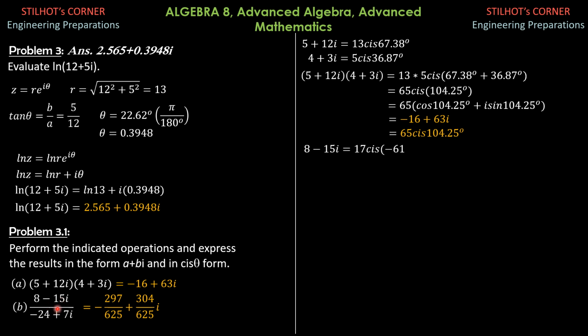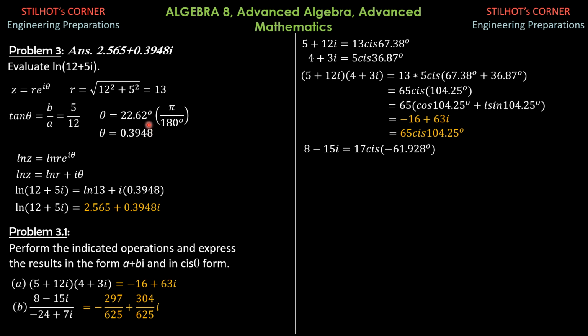And the angle is inverse tangent of negative 15 over 8. So this point lies in the fourth quadrant. If you rely on your calculator, inverse tangent of negative 15 over 8, your calculator will interpret it to be in the fourth quadrant.